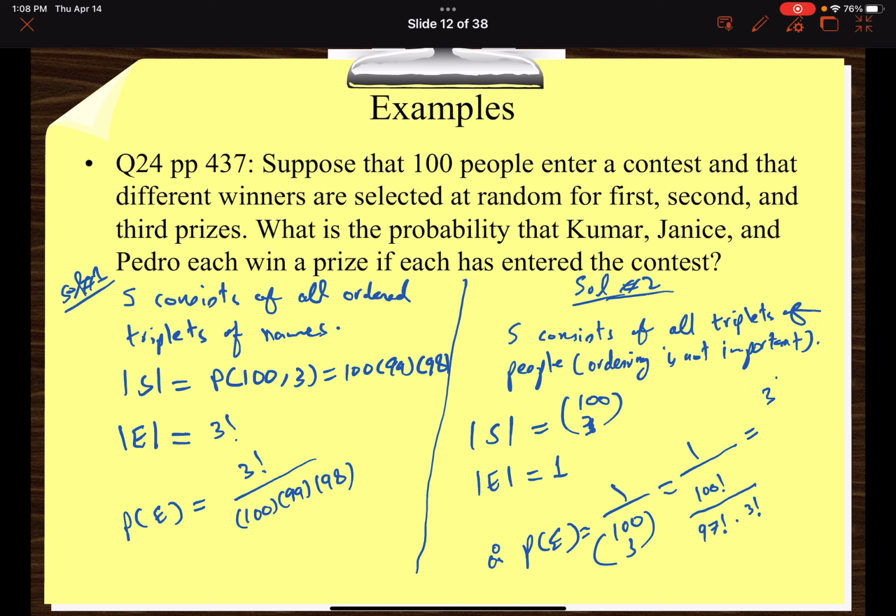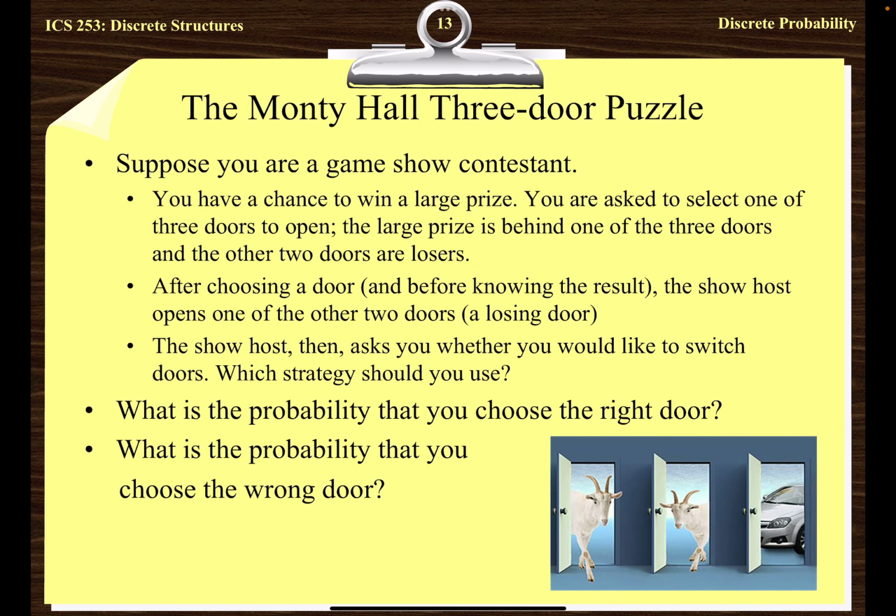Isn't this 3 factorial نحطها فوق وتحت ايش رح يضل عندي؟ 100, 99, 98. Exactly the same. Exactly the same. طيب. This is interesting.